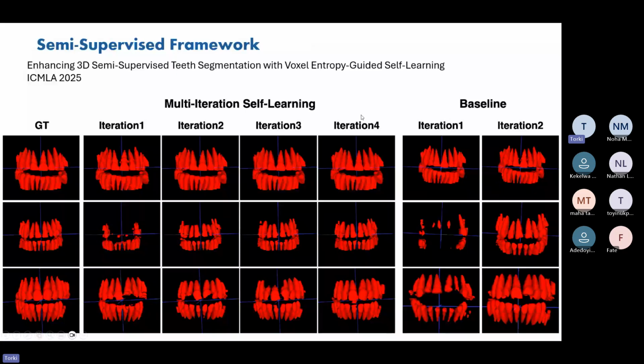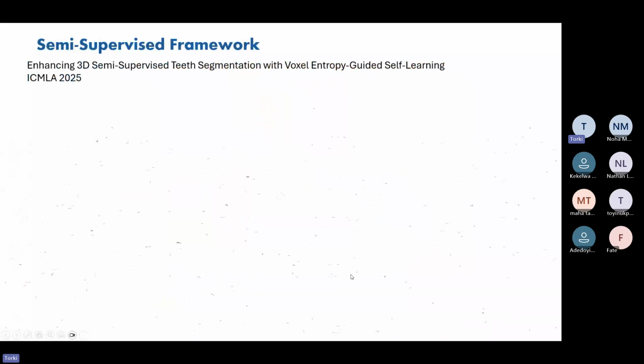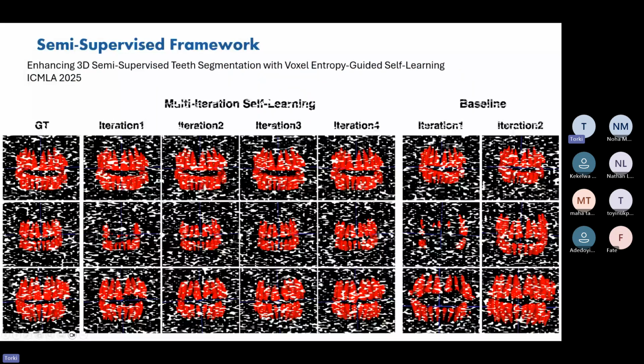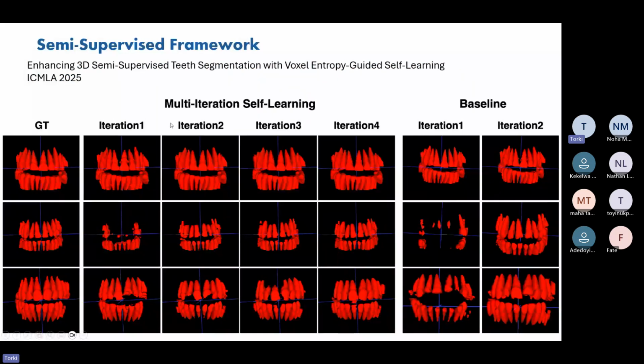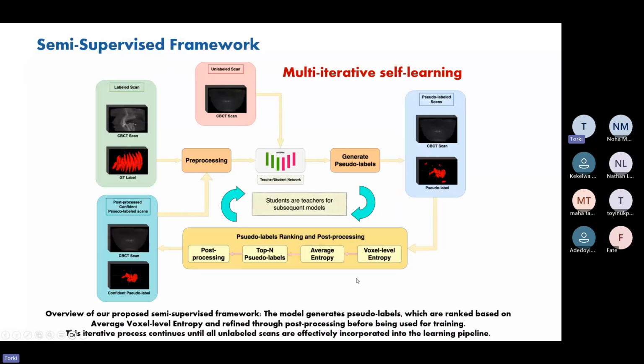Actually, we also did some iterations on it, but without the voxel entropy criteria. So our contribution was twofold. The first is the active learning module, which is a self- or semi-supervised approach. The second is the voxel entropy post-processing module that keeps the good scans and adds them to the training data.